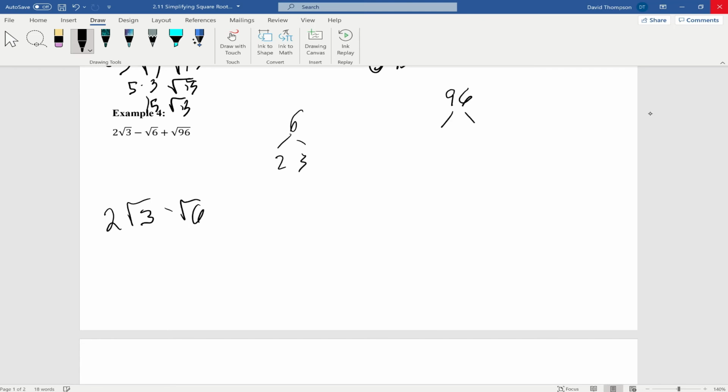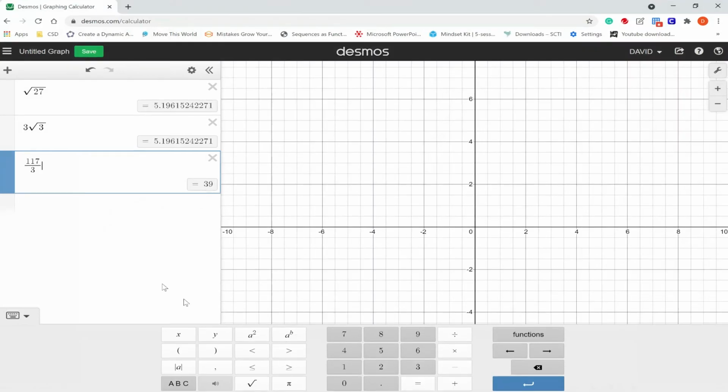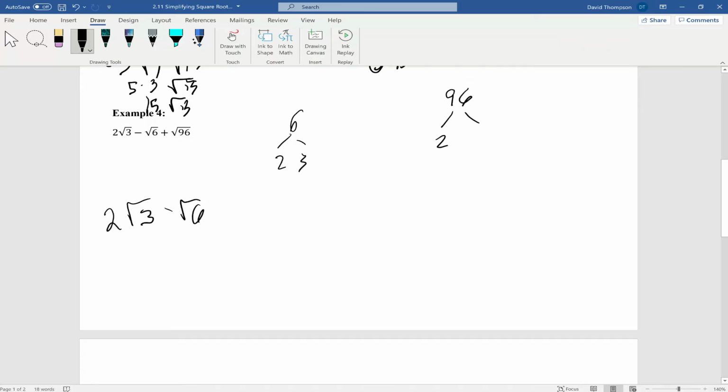So 96, how can I rewrite that? Let's try 2. 96 divided by 2 would be 48. Okay, 48 is a little bit easier to work with.